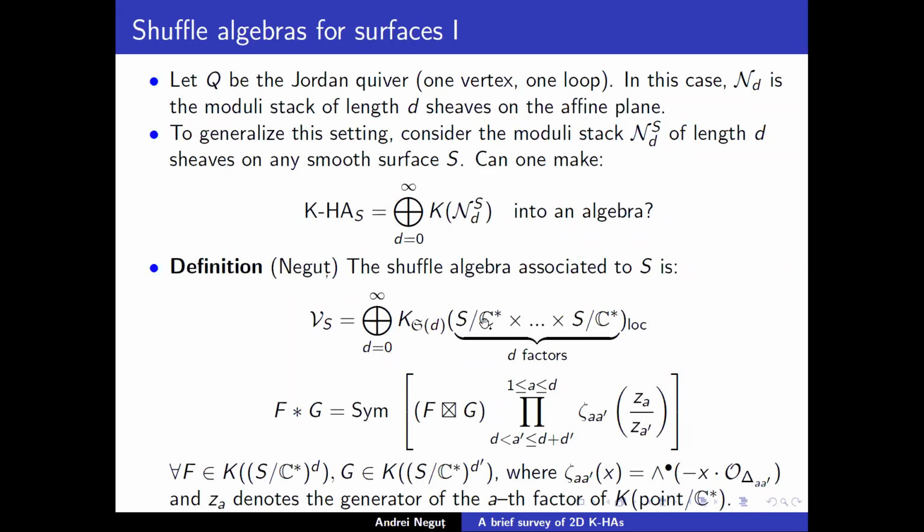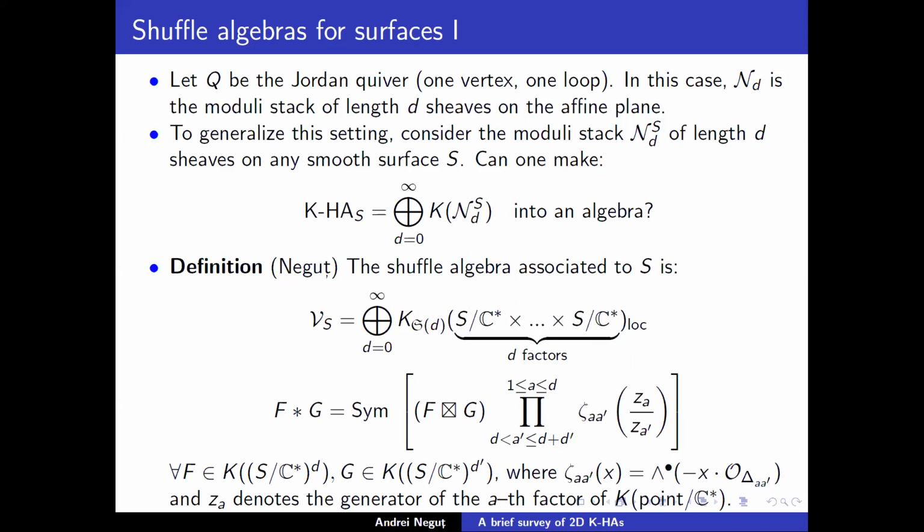Since here you have D factors of C star, you would have the K-theory of S times S times S times S, tensored with polynomials in variables Z1, Z2, ..., ZD. And these Z's are the counterparts of the variables that we have seen a few slides ago for the usual shuffle algebra. The condition that everything be symmetric is captured in the fact that we don't take the K-theory of this power of the surface, we take the equivariant K-theory with respect to the action of a symmetric group of size D.